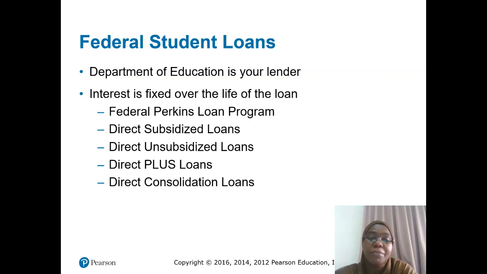We have the Federal Perkins Loan Program, the direct subsidized loans, the direct unsubsidized loan, the direct PLUS loan, as well as the direct consolidation loan. So all these are available federal student loans in the US.